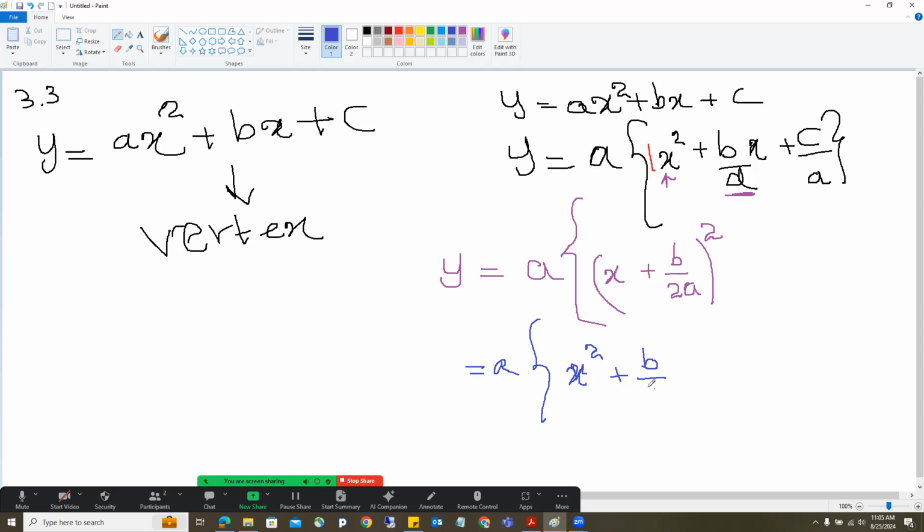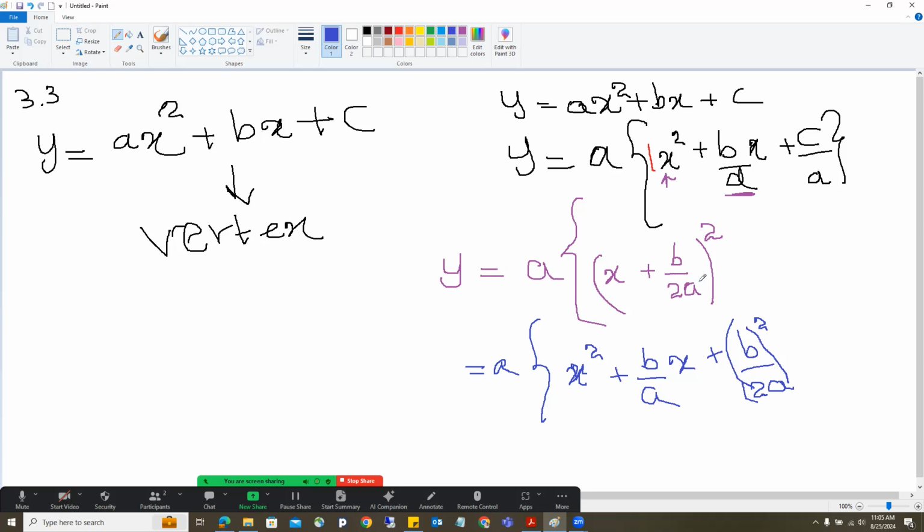Then we have b over a x plus b squared over 2a squared. That means actually b over 2a squared. Is it clear? What do we have if we remove the brackets and simplify this x plus b over 2a term? You just write out x plus b over 2a.